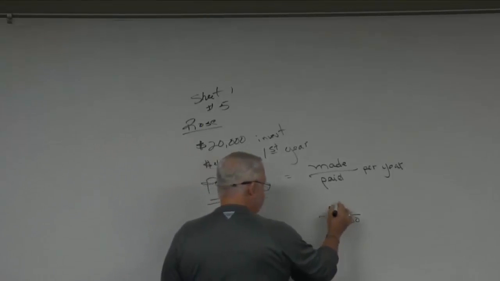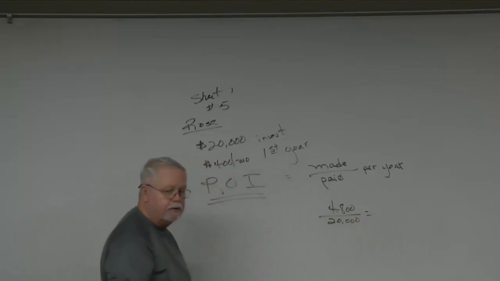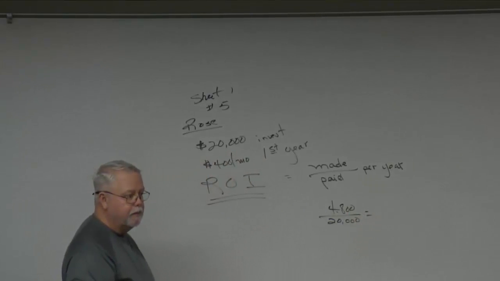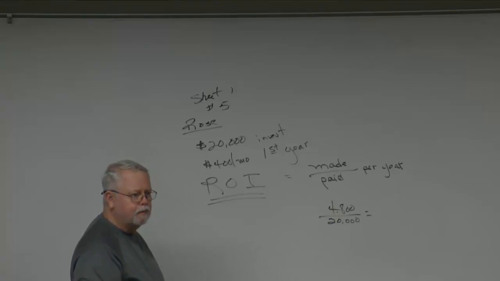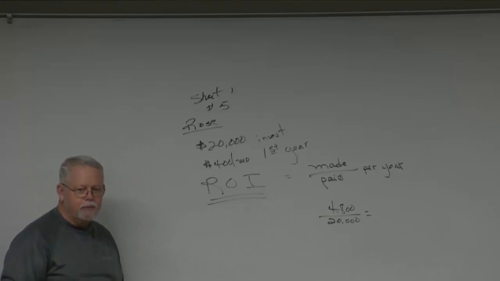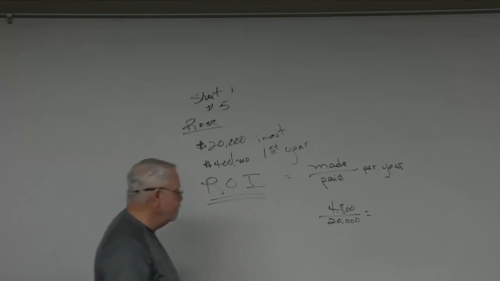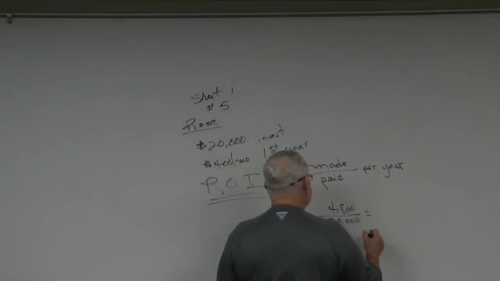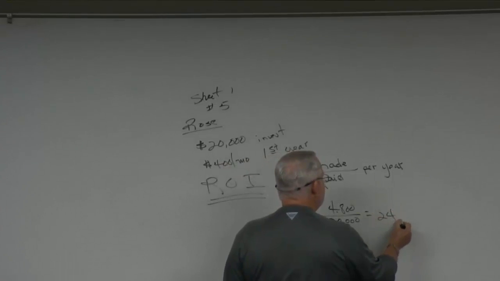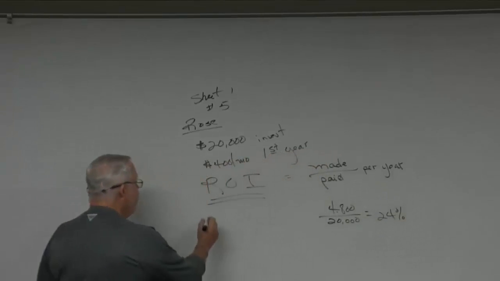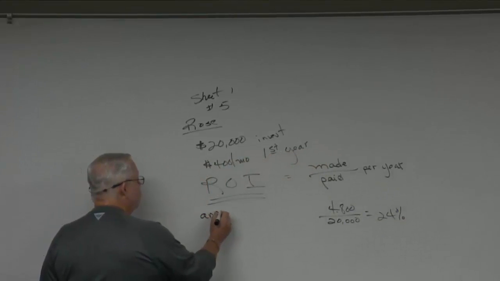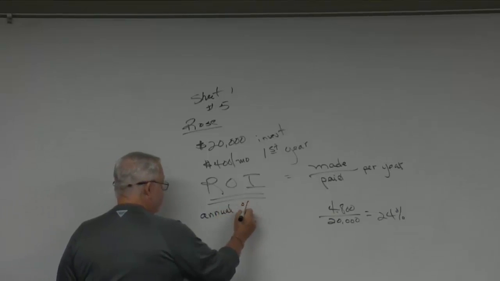So just calculate that ratio or percentage, 4,800 over 20,000. That's it. What'd you get, by the way? It takes time to write it down before you can do the button mashing. 24%. So it's always expressed in a percentage. Return on investment is always an annual percentage.